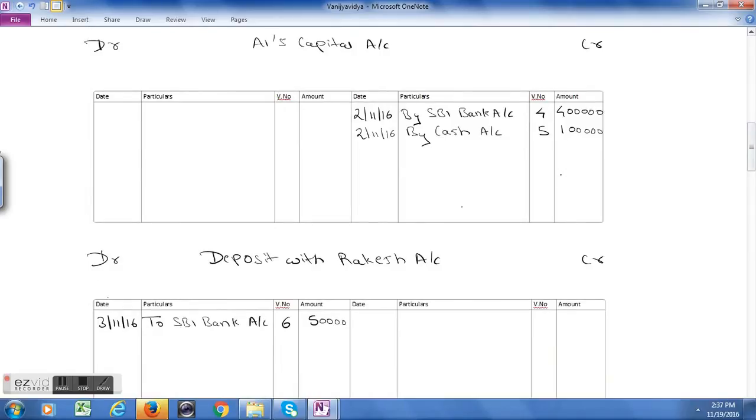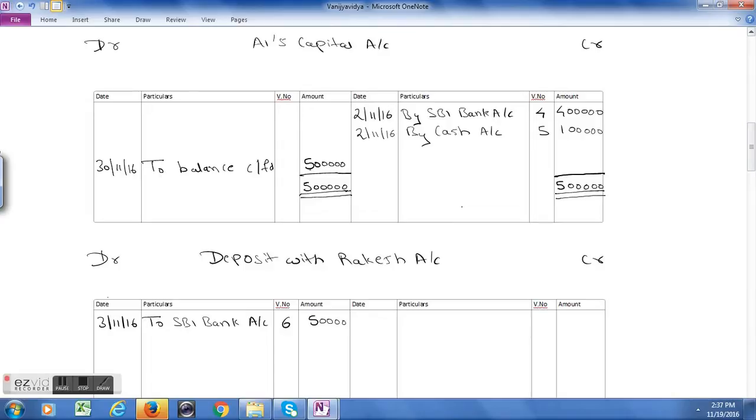Now we'll go to the next account, that is A1's capital account. Here you can see on the credit side there is some transaction, on the debit side there are no transactions. So credit side total is 5 lakhs, debit side total is 0. We have to write 5 lakhs on both the sides as total, and on 30/11/2016 to balance carried forward on the debit side, since the credit side total is greater.